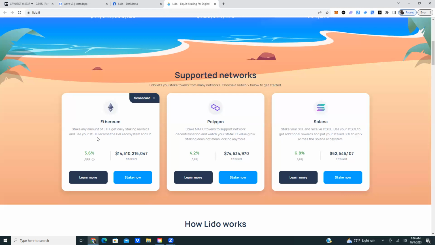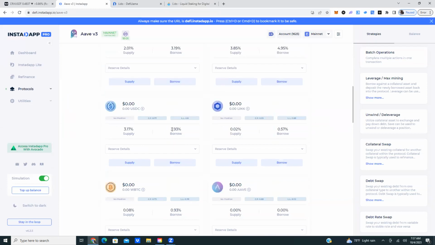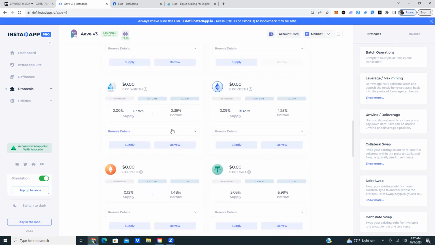So what you can do is deposit Ethereum on this platform, they're going to give you staked Ethereum, and then you can come over here to InstaDApp and you can deposit that staked Ethereum. See how much we're getting for stETH right now.